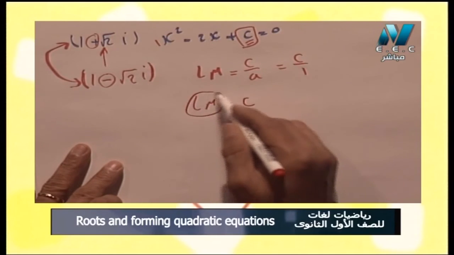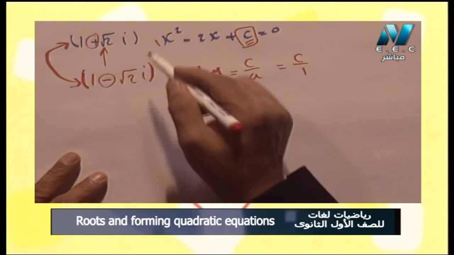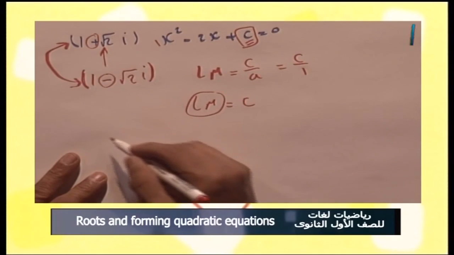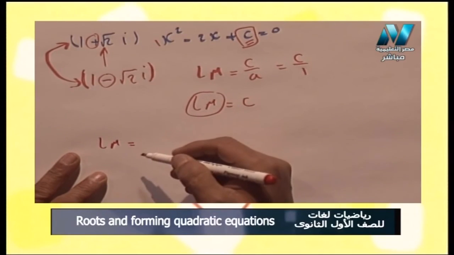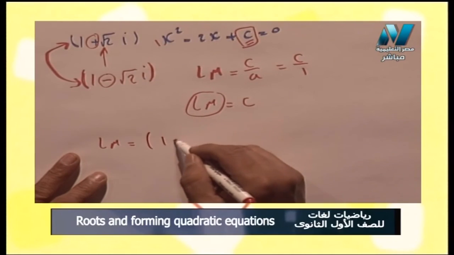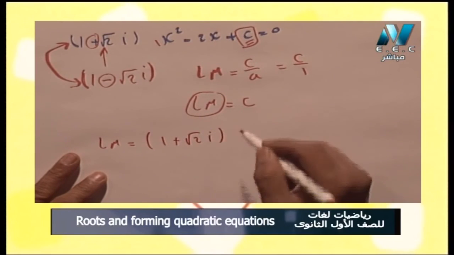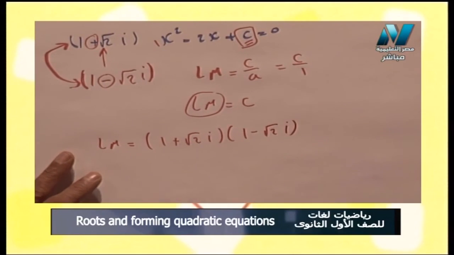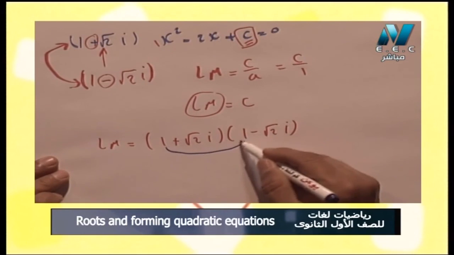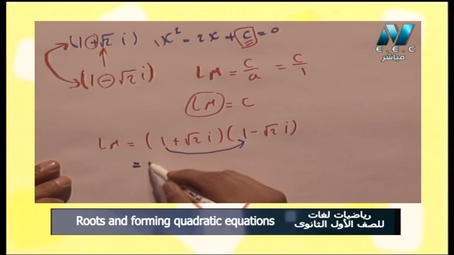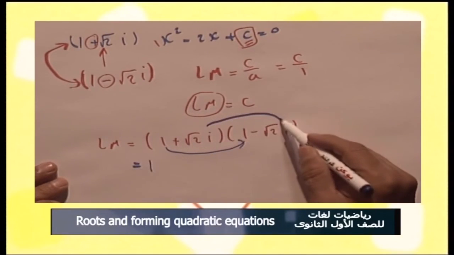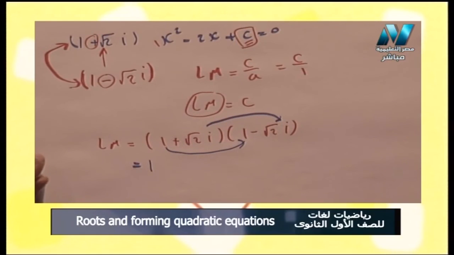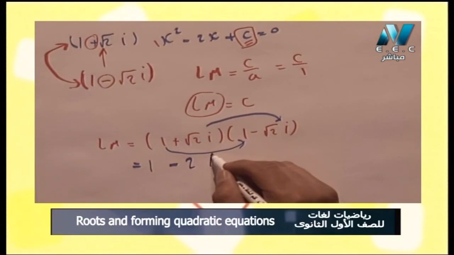What is L m? L m is the product of the two roots, and we have the two roots here. L m equals now (1 + root 2 i) multiplied by (1 - root 2 i), and we will easily find the product. We have 1 times 1 equals 1, and root 2 i multiplied by negative root 2 i equals negative 2 i^2.